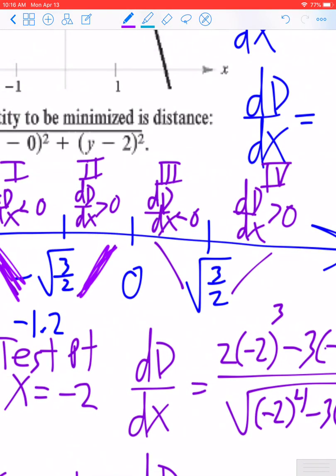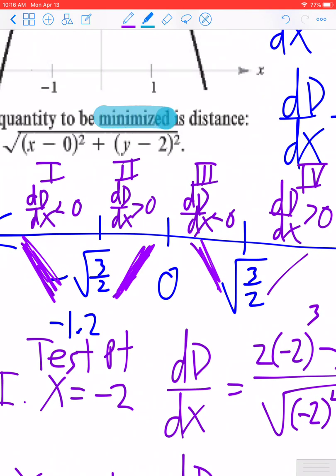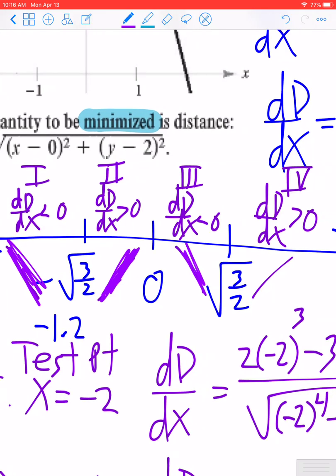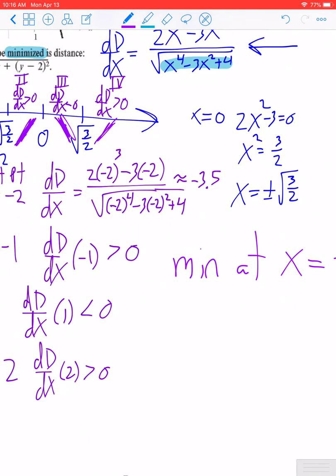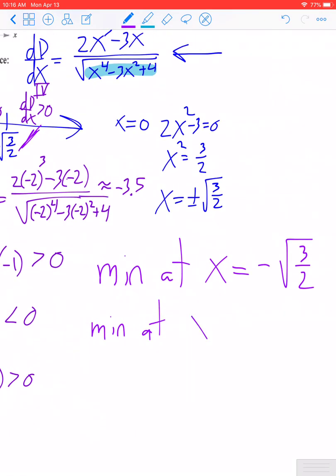Notice we do have a relative max at 0, where the function goes from increasing to decreasing, but going back to our original problem, our goal is to minimize this distance. We do have another min, however, at the square root of 3 over 2, because the function goes from decreasing to increasing there. So we have another min at x equals square root of 3 over 2.